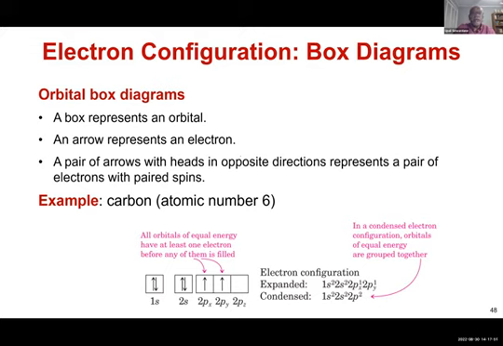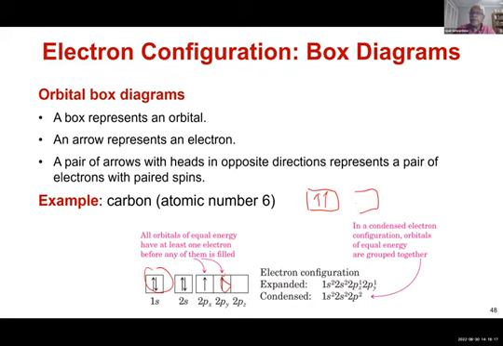An arrow in these boxes represents an electron. See this arrow here. A pair of arrows with heads in opposite directions represents a pair of paired-up electrons. You cannot put electrons in a box with parallel spin. They are unstable.